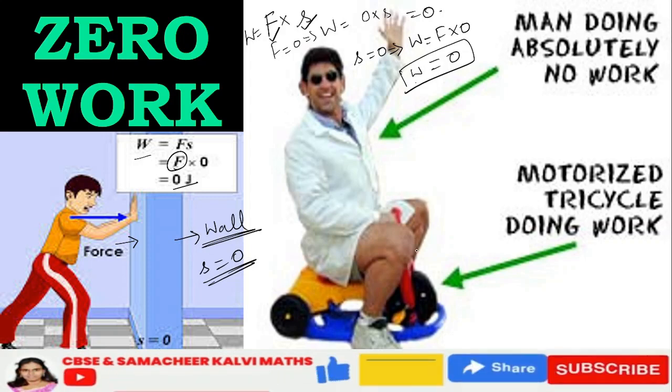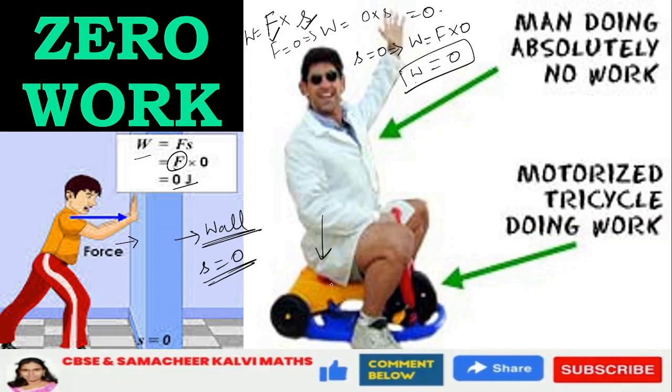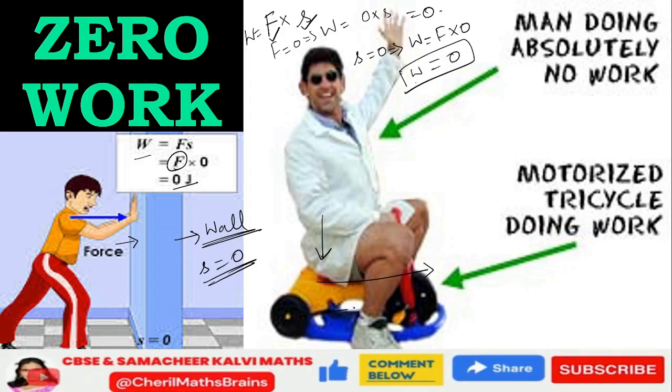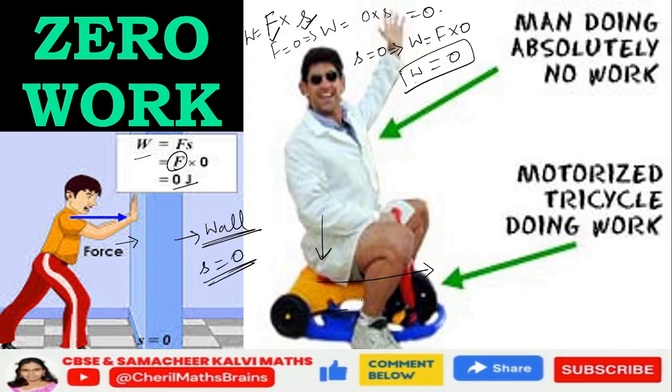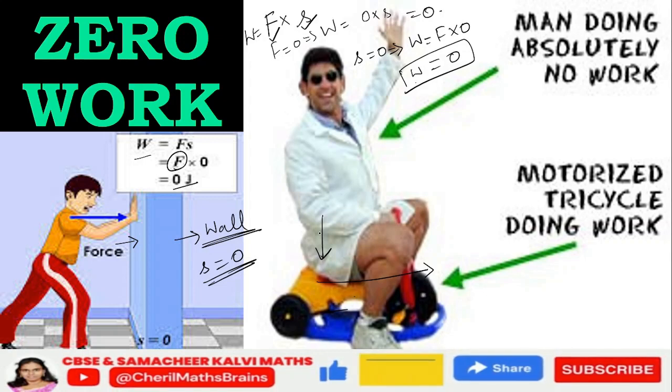So in that you can see that the person who is sitting on the tricycle is not doing any work. Work is done by this tricycle, by the motor or by the legs which is going to be pushing backwards, and you can see that the tricycle is going to move in the forward direction. Okay, you can see that no work is done because of this person sitting here.